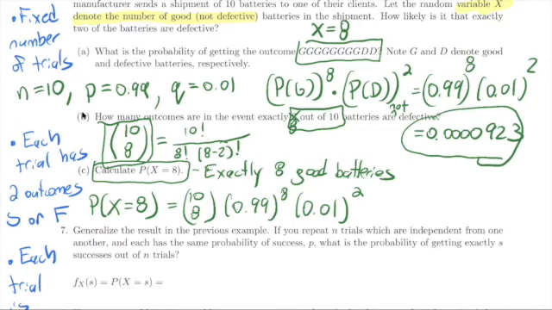You can think about this formula in two parts. This part relates to how likely we are to get 8 good in 10 batteries, and this piece over here tells us how many different ways you can do that. So we would need to add all of those up.